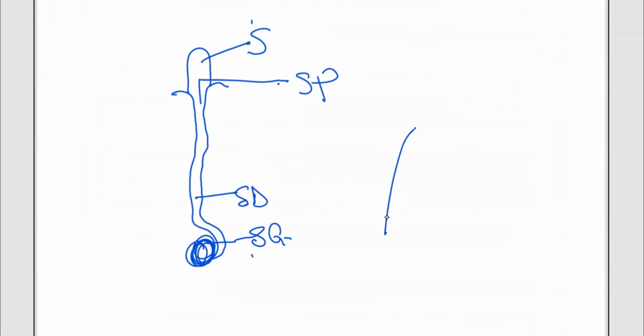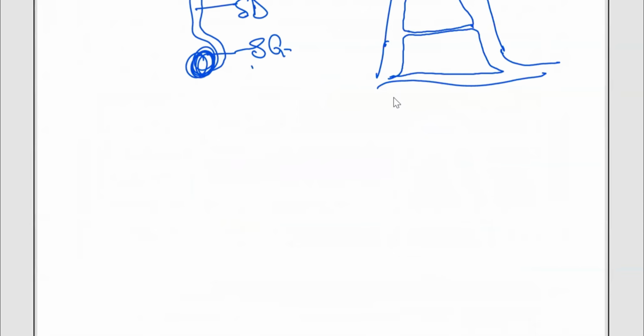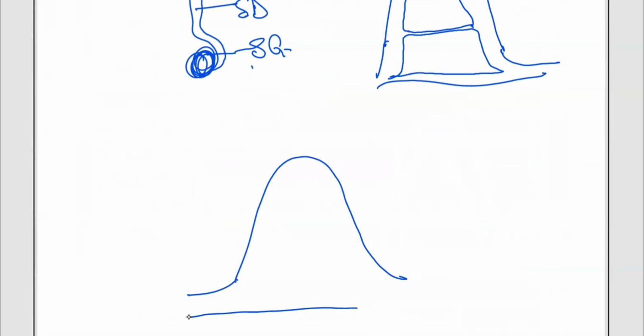And then we have the blood capillaries, which come like this. This can be shrunk like that, or this one becomes bigger. That's big, while this is small.